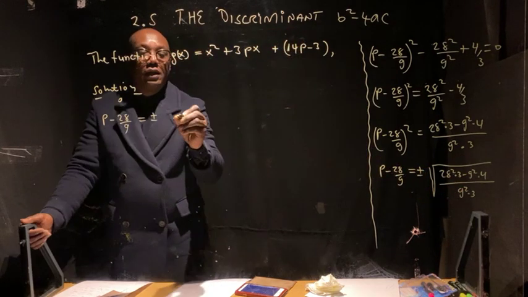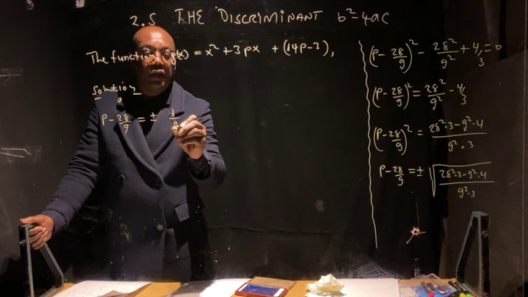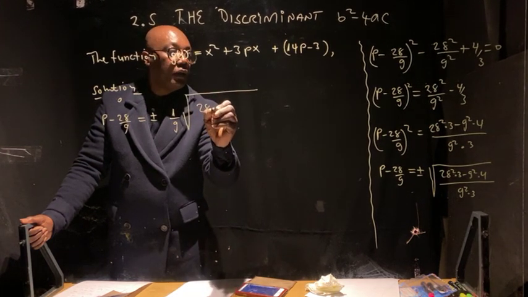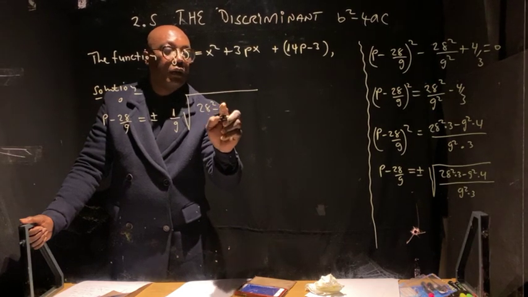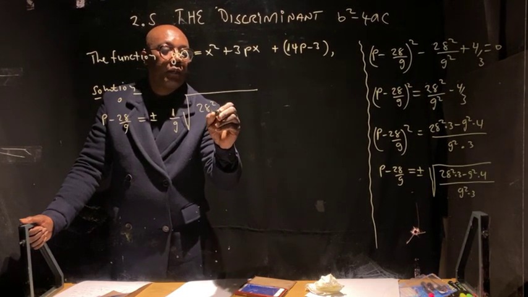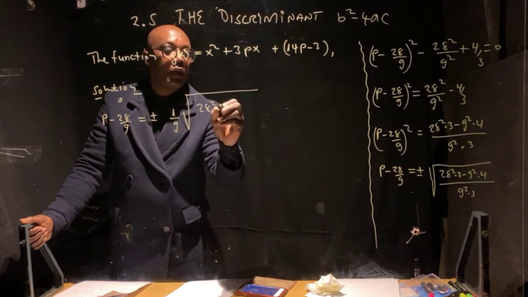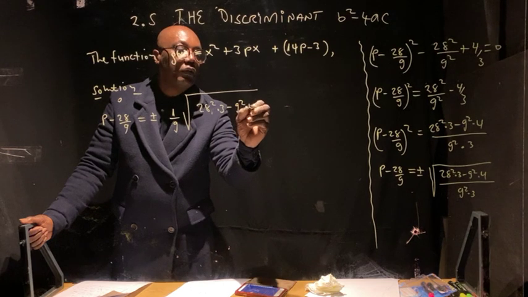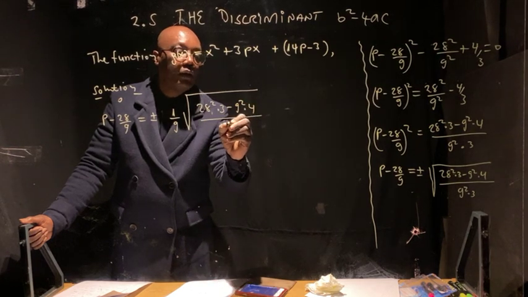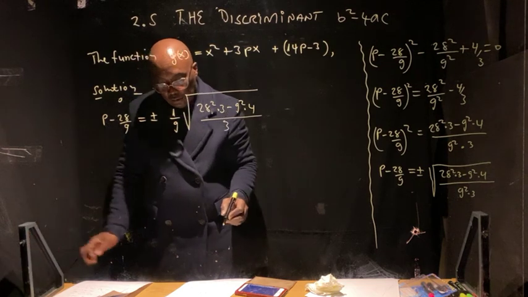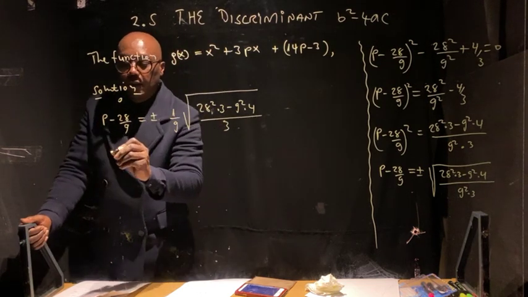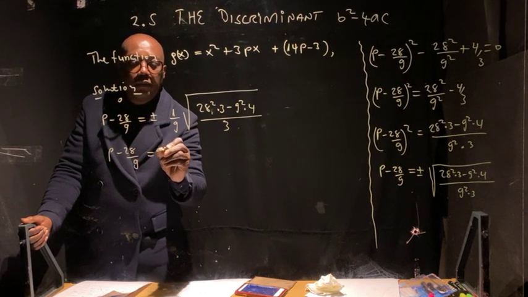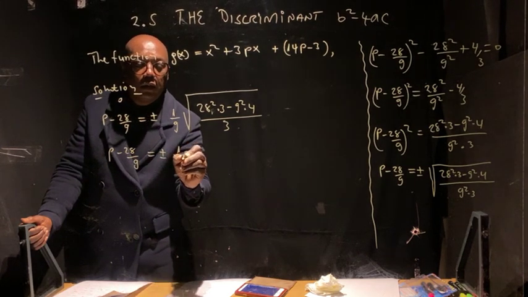So it becomes 1 over 9 times the root of 28 squared times 3 minus 9 squared times 4 all over 3. Good. We have P minus 28 over 9 equal plus or minus 1 over 9.